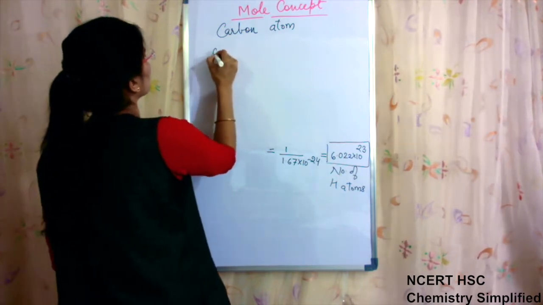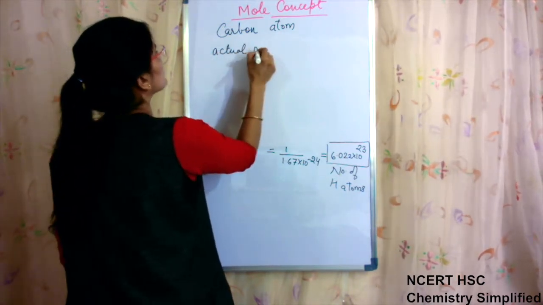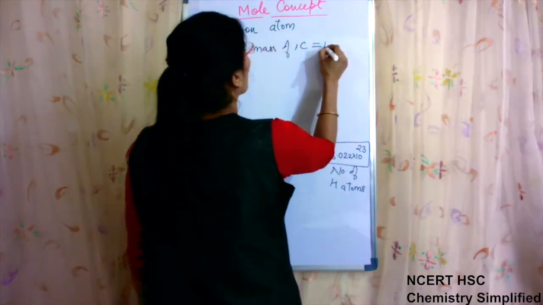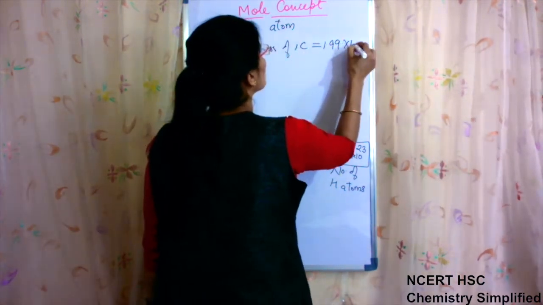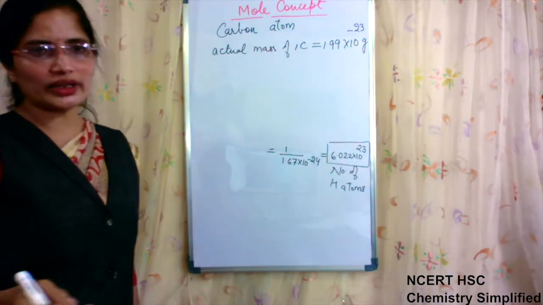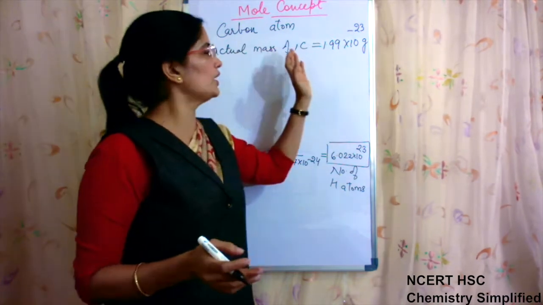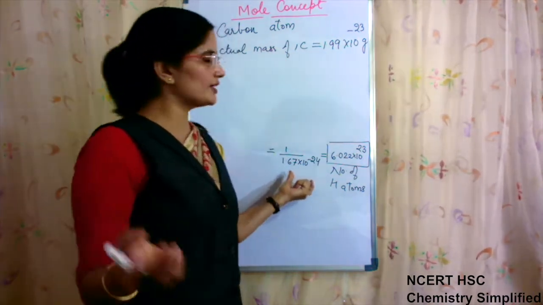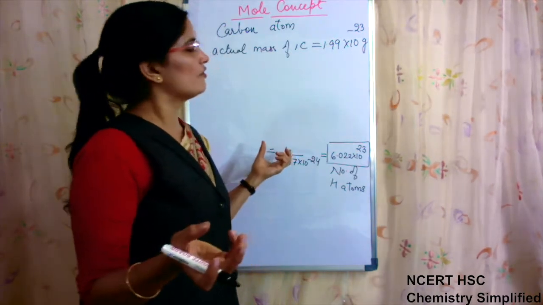The actual mass of 1 carbon atom is 1.99 into 10 to the power minus 23 grams. I told you we cannot learn the actual masses of all atoms, but because carbon is a standard and hydrogen is the first element, for these two we can remember.